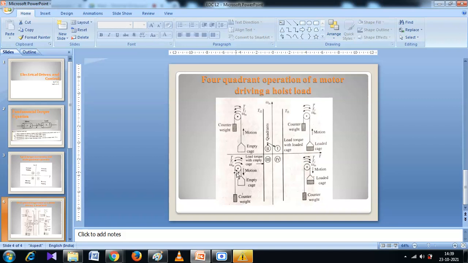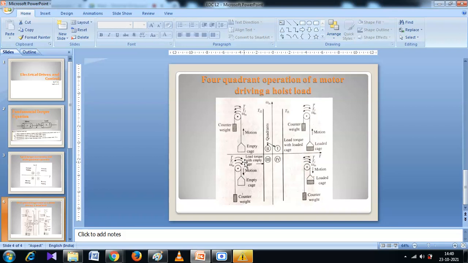Negative. Both are negative. Then tell me what is the sign of power at that time? Positive or negative?